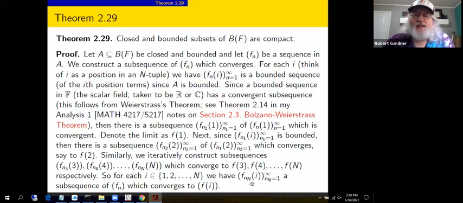So we've created a subsequence that converges to an f of I. We're trying to show sequential compactness. We chose an arbitrary sequence, f sub n, and we found this sequence, which converges for each I to f of I.